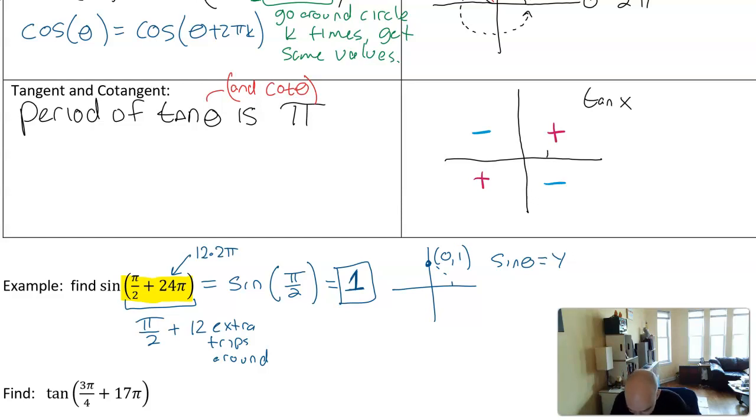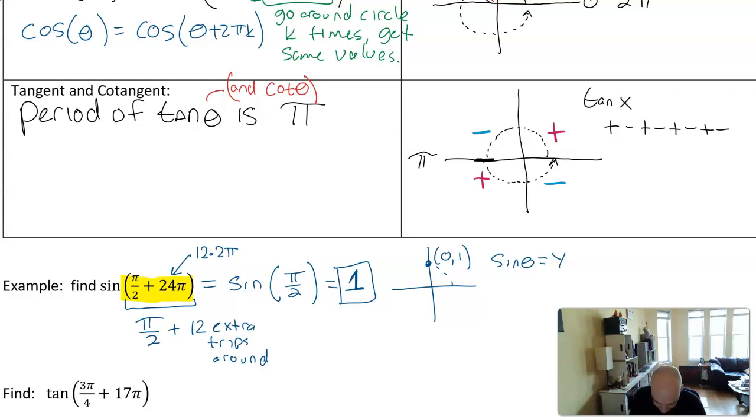So as you're cycling around the quadrants, you do positive, negative, then you get to pi here, and you're just repeating that positive, negative cycle. So the tangent cycle of values is plus, minus, plus, minus, every pi radians. So tangent actually repeats faster than cosine and sine.